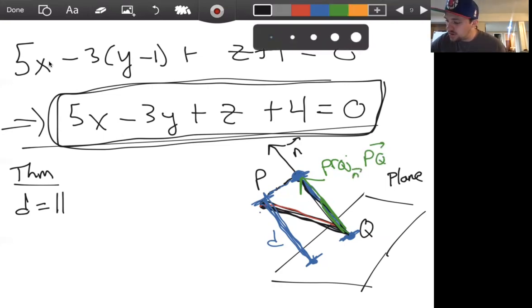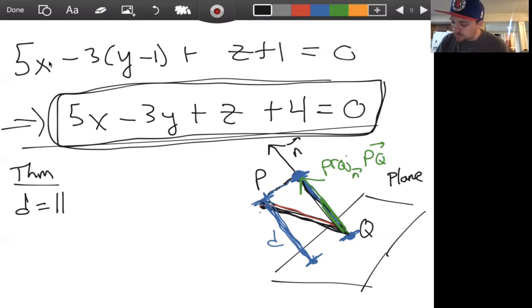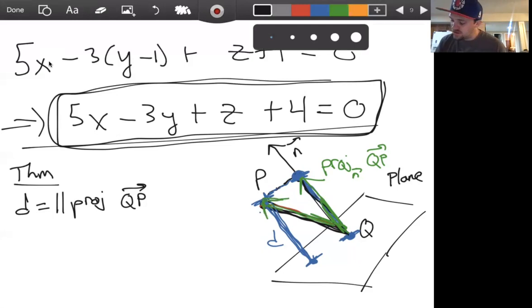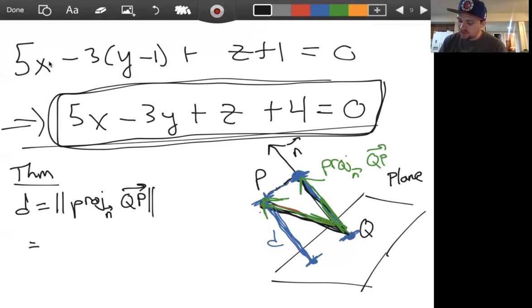And so what do we get? We get that this is the magnitude of the projection vector. Sorry, QP, right? The base point's Q. I've got it slightly backwards because we're starting at Q and ending at point P for this case. So this is a projection of QP onto N, which is, using notation we introduced, the absolute value of comp QP onto N, which is scalar projection, right?